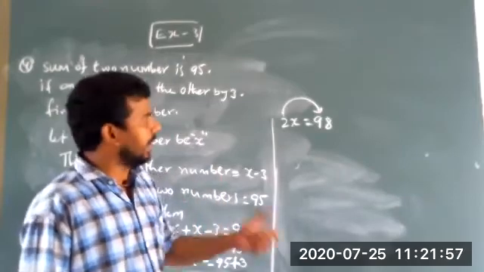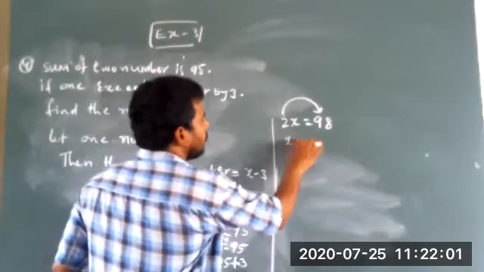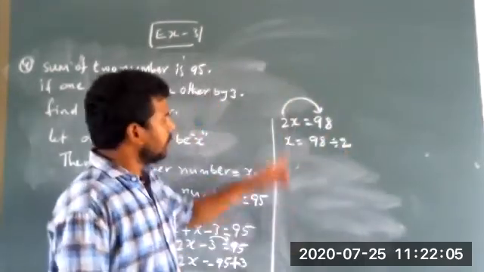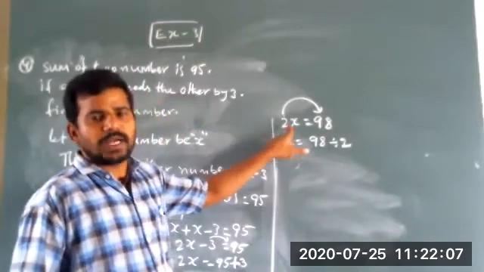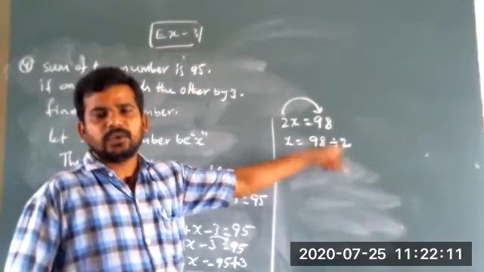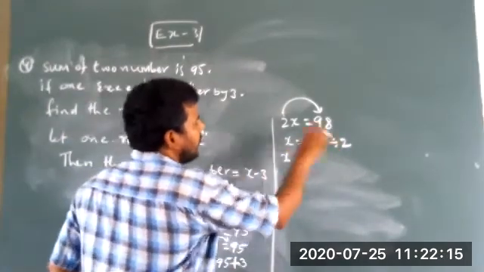Now this 2 is sent to the RHS side. So x equal to 98 divided by 2. Why? Because in the LHS side 2 is multiplied with x. That's why on the RHS side it is divided by 2. 98 divided by 2.